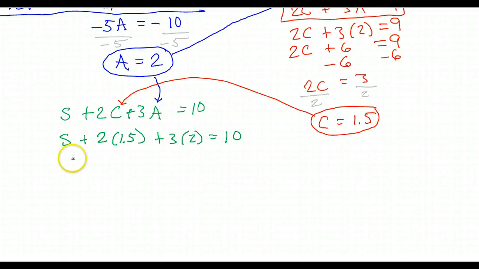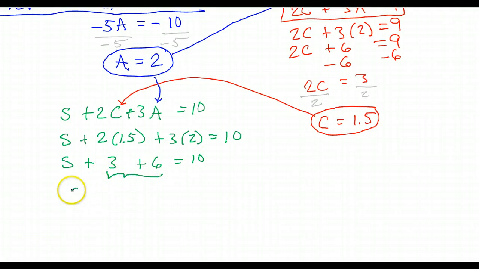Okay, so that's going to give me s plus 3, all right, 2 times 1.5, plus 6 is equal to 10. Combining these is going to give me s plus 9 is equal to 10. Subtracting 9 from both sides, s is equal to 1.